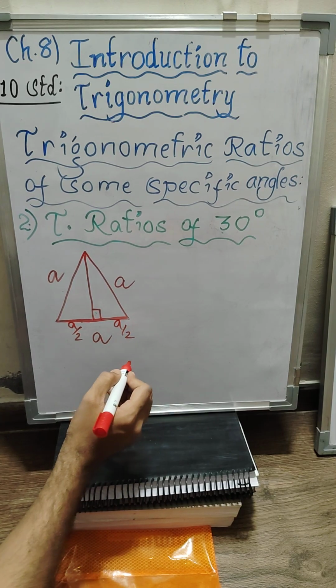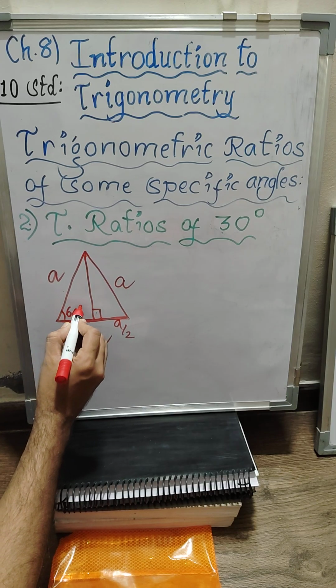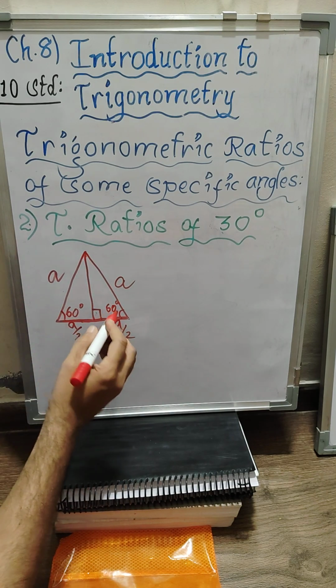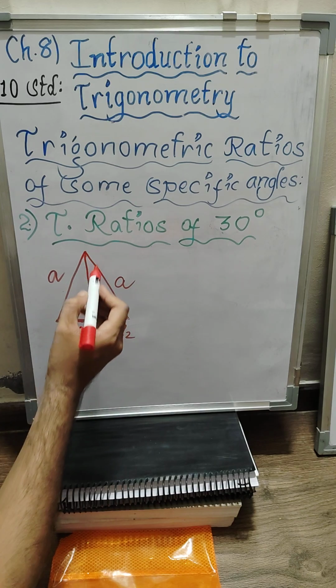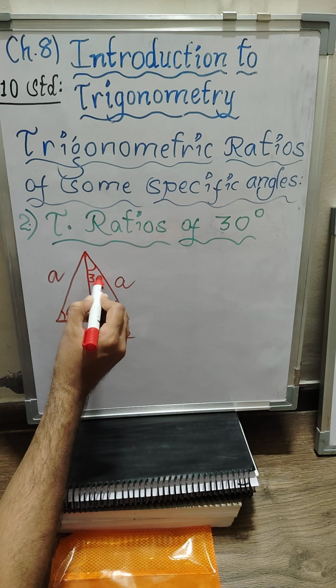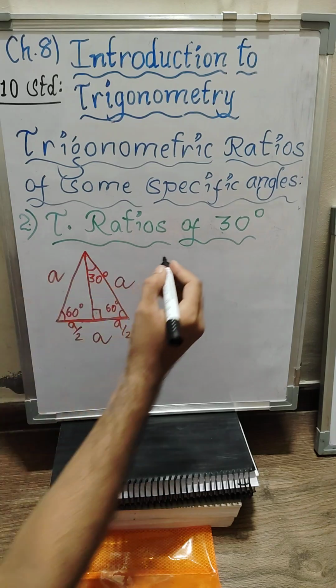And then this is 60 degrees as it is equilateral. This also will be 60 degrees, and with the 90, this becomes 30 degrees according to the angle sum property of triangle.